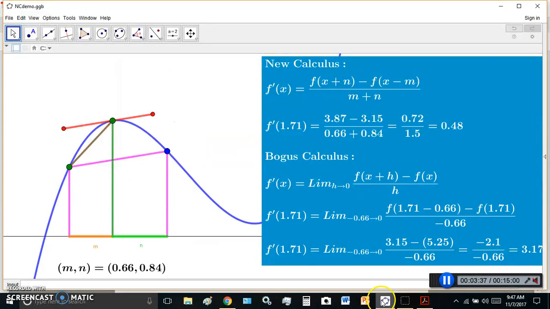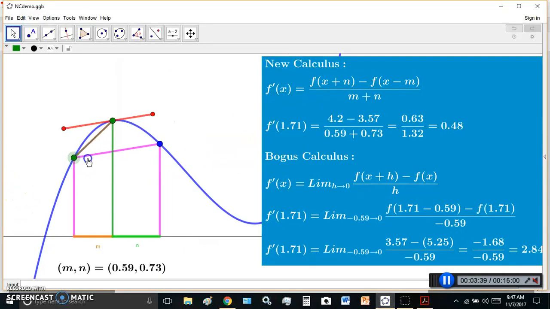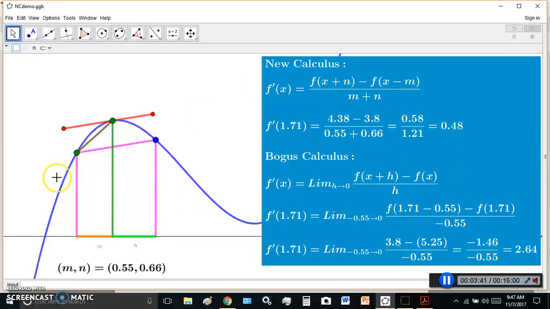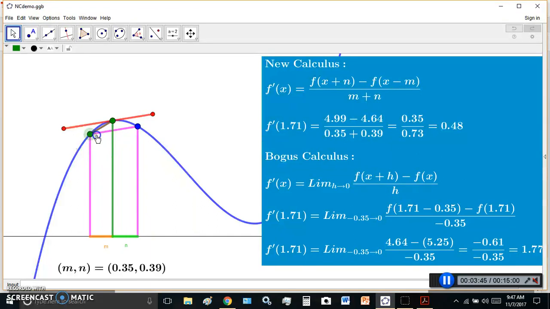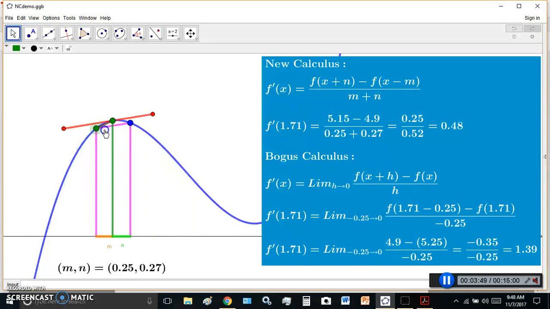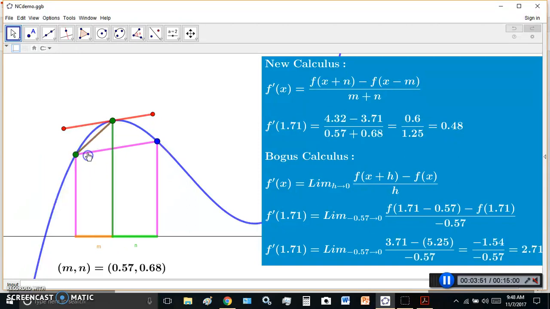So if you go back to this here, that's what it means, see? This finite difference ratio represents the slope of a parallel secant line. You cannot put 0, 0 in there, because none of these secant lines here have the mn pair 0, 0.